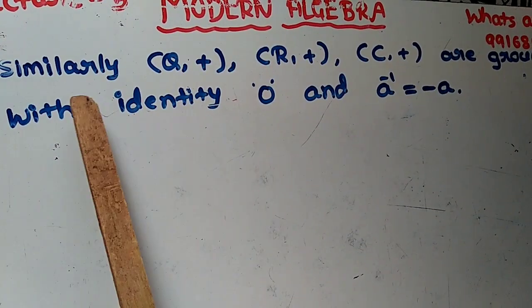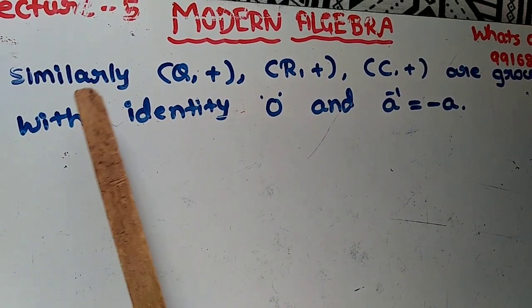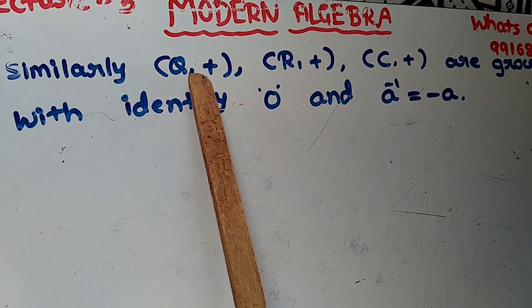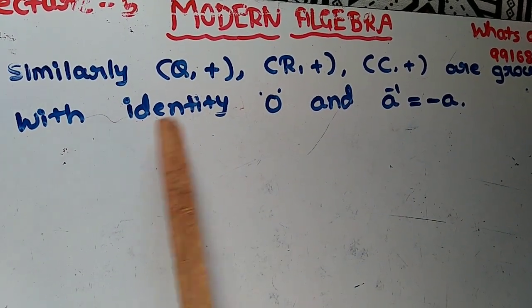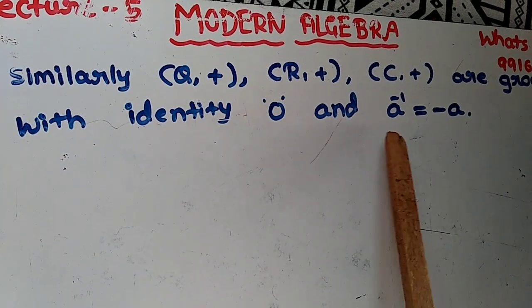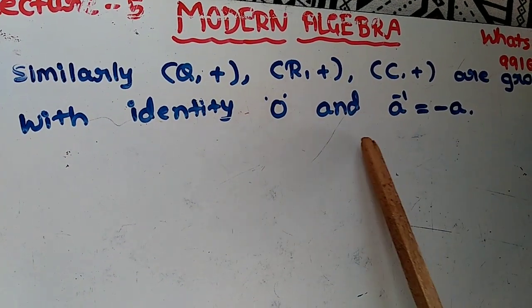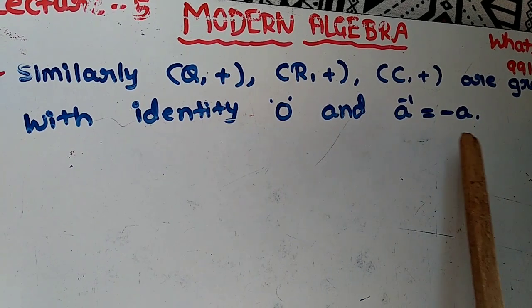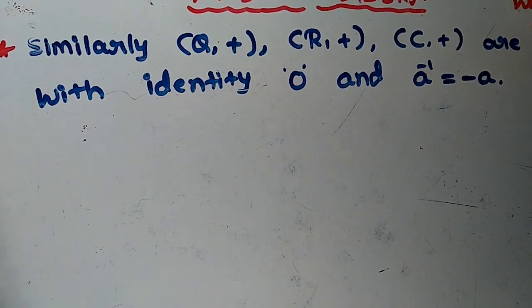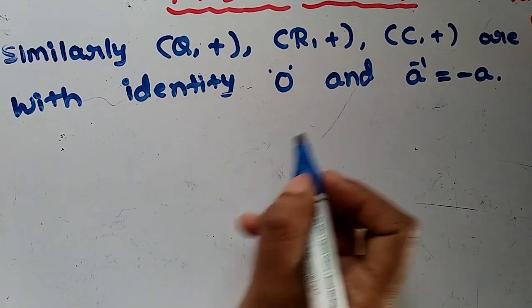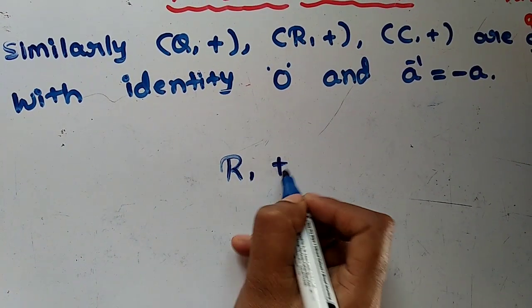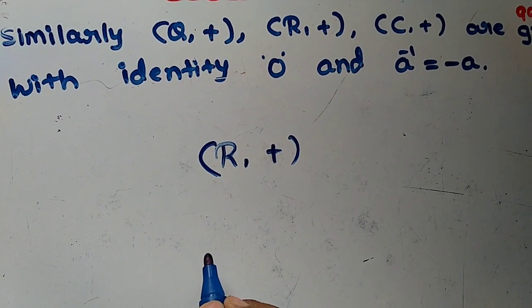So just remember, for Z plus, Q plus, R plus and C plus, the identity element is 0, and the inverse of any element is minus A. For example, if they asked for finding the inverse, here I am going to take R plus. R plus means what?